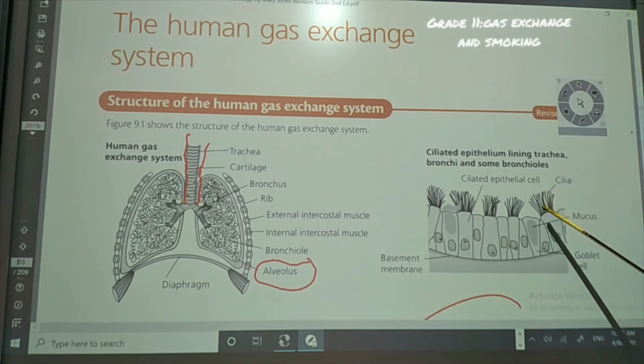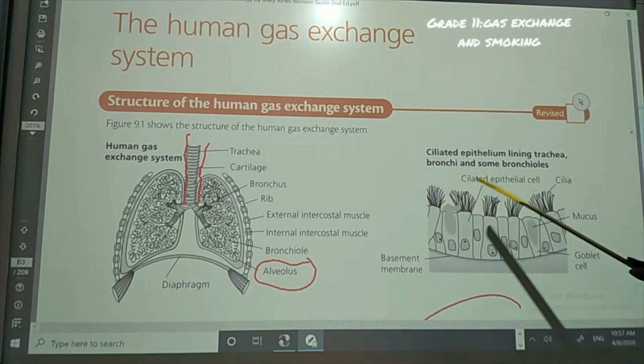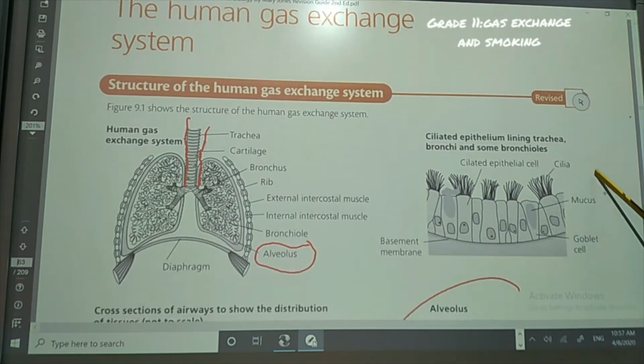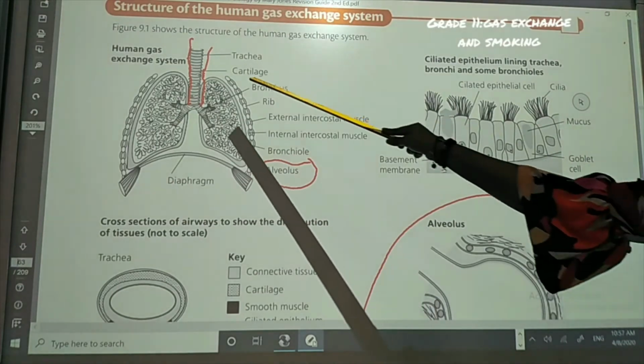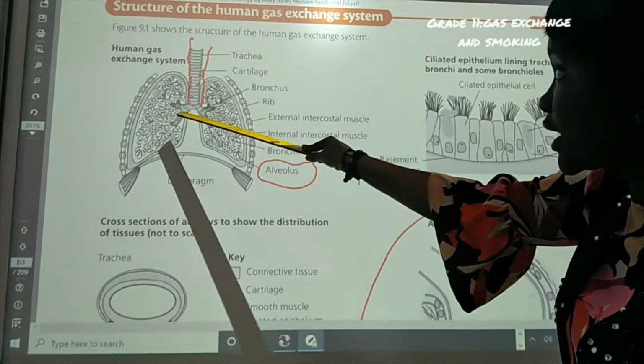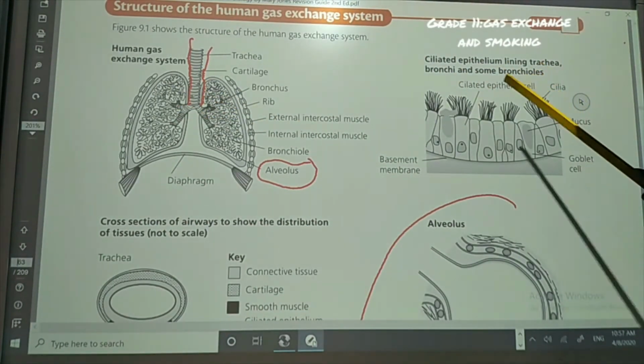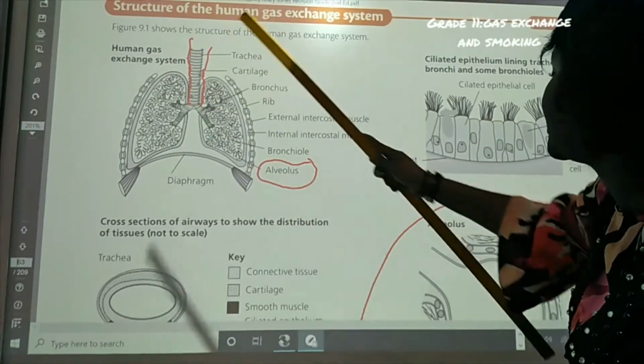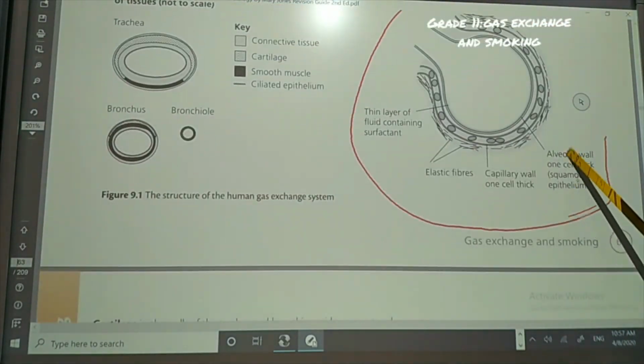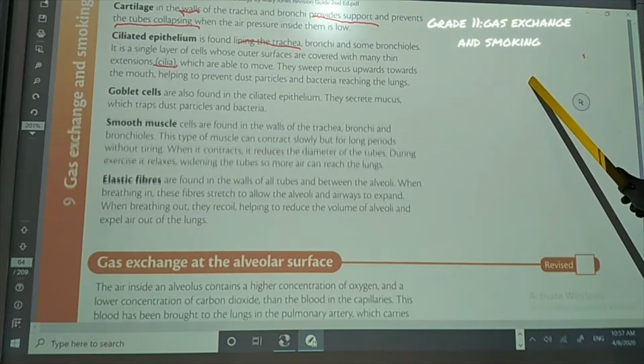The cell has the cilia, and these cilia are able to sweep. To sweep means they can move from one side and go to another side. All right? And this is the cartilage. We said the cartilage is found outside the trachea, but the ciliated epithelium is found in the lining inside the trachea. Okay, so let's continue.